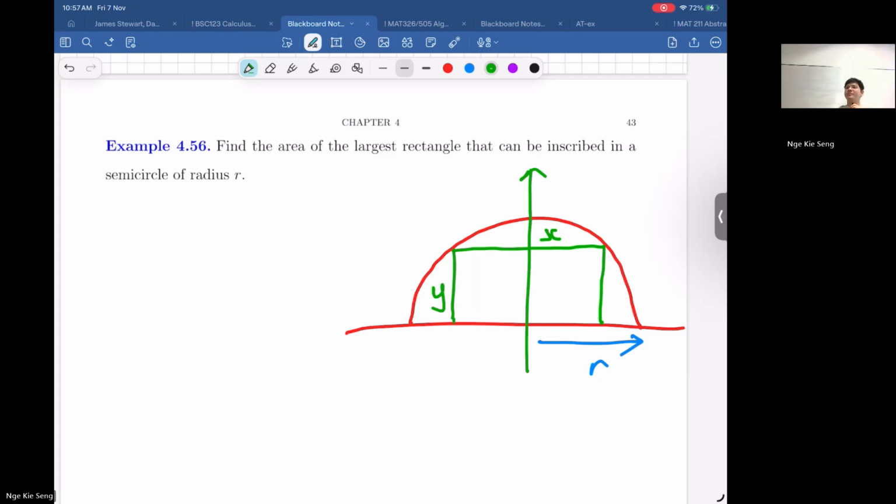Any idea? Sorry? Use sine? How to use sine?